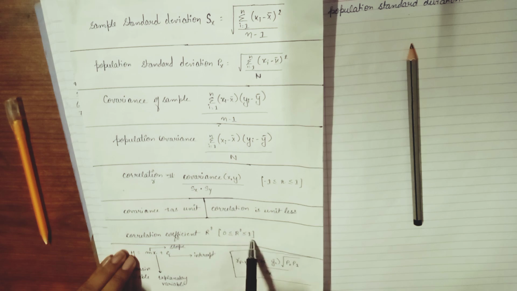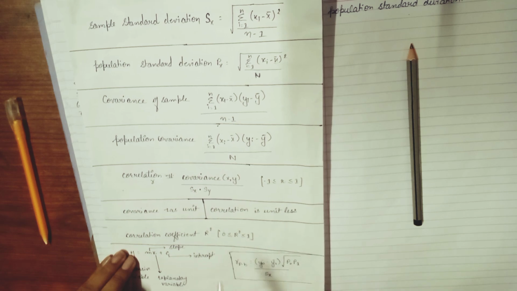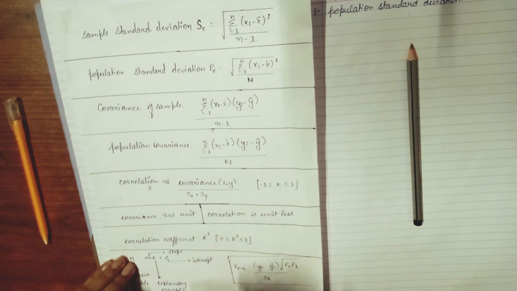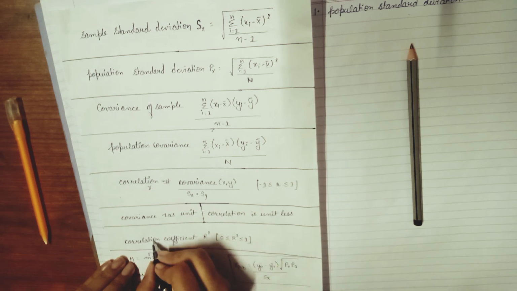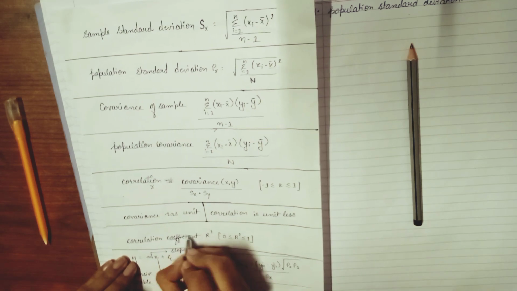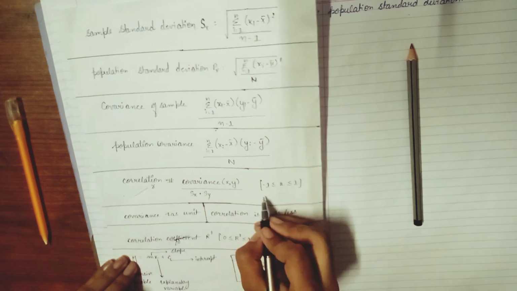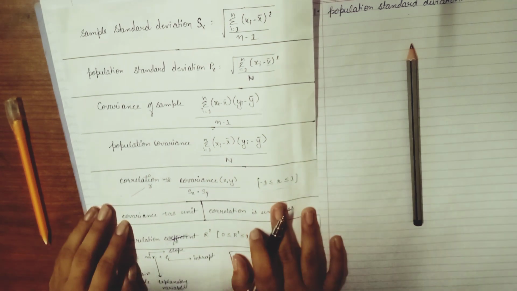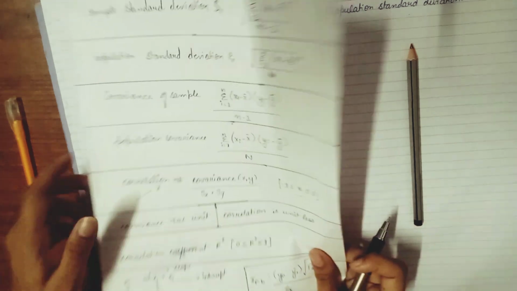This r square ranges from this to this. Let me correct it. It is not exactly called the correlation coefficient, I mean, it's a goodness of fit measure. This is another thing, we'll come to it later. So for now, I will assume that you are aware of these kinds of formulas.